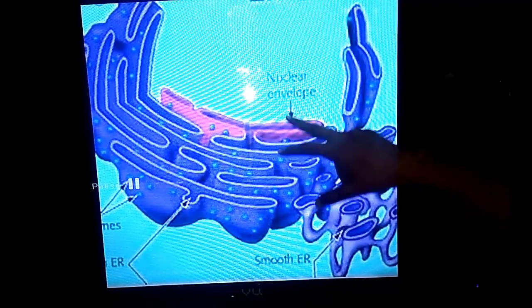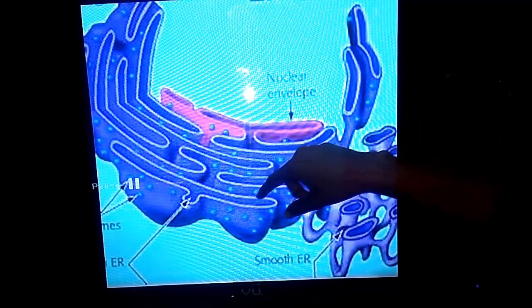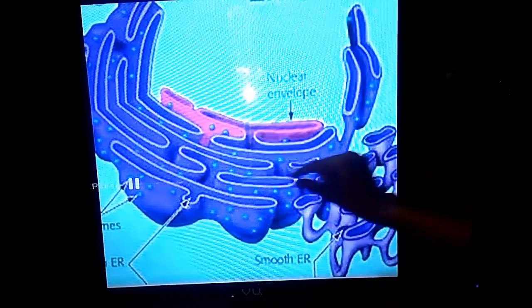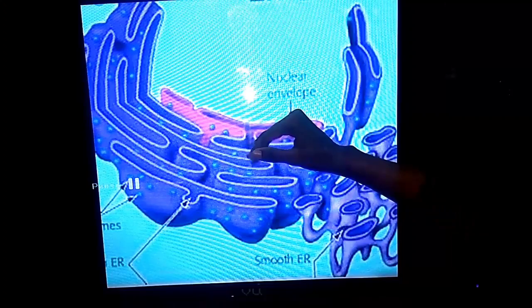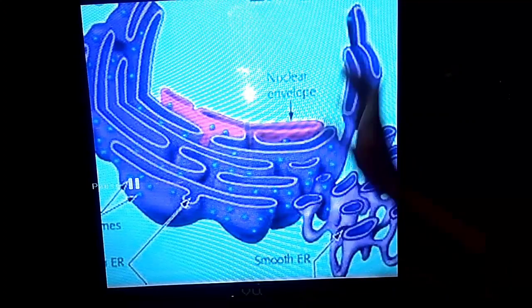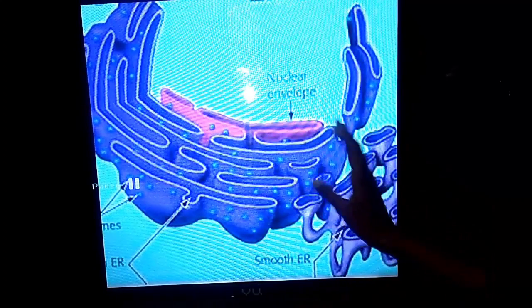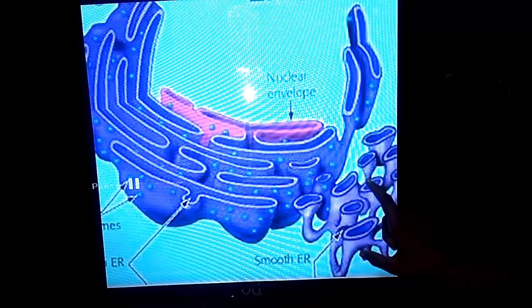Okay, so endoplasmic reticulum is nothing but a network of tubules, or tiny tubes, as you all can see. It lies very close to the nuclear envelope, and from there it continues towards the cytoplasm.